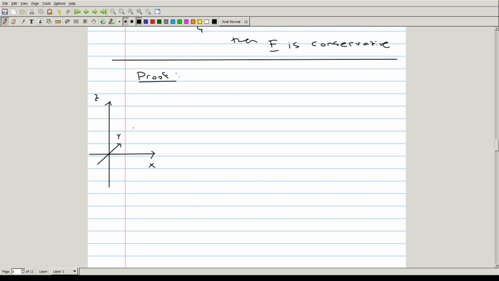And we'll consider two paths inside this region, say one path from A to B here, and we'll consider another path from A to B prime. And all of this is inside some three-dimensional region omega.